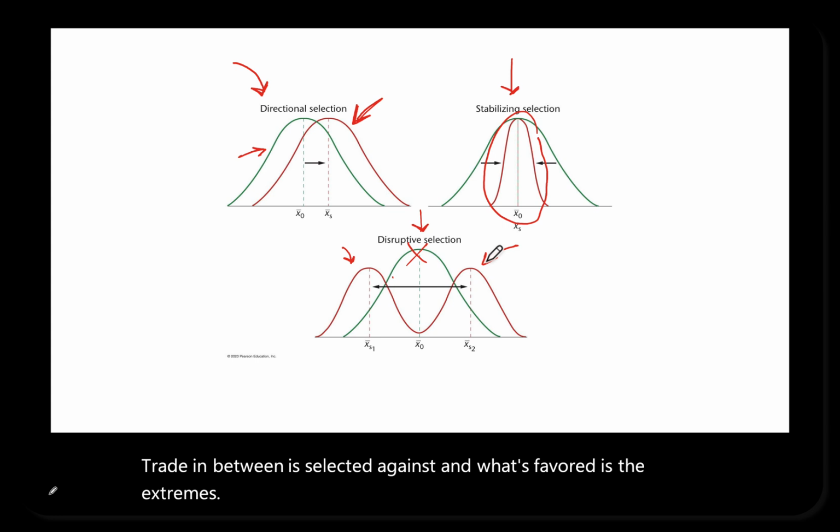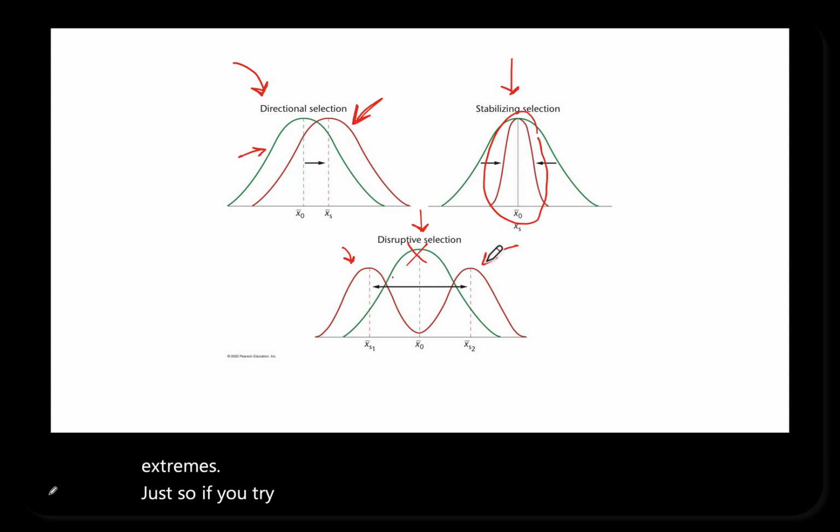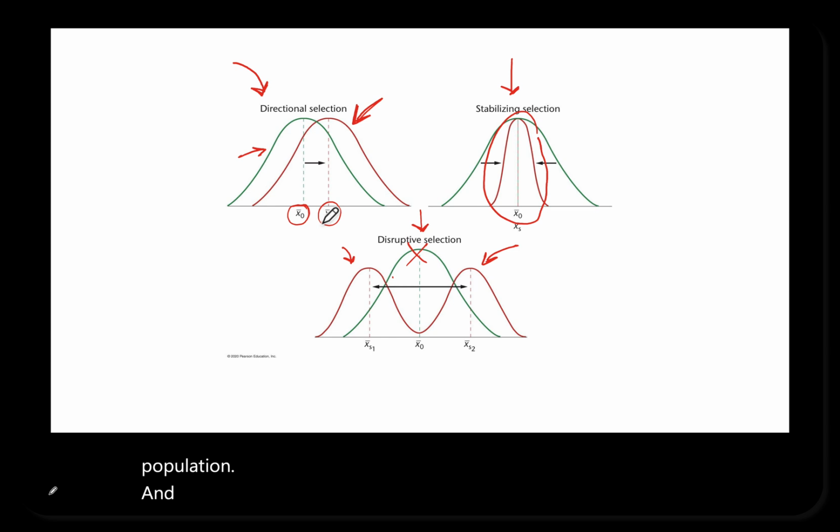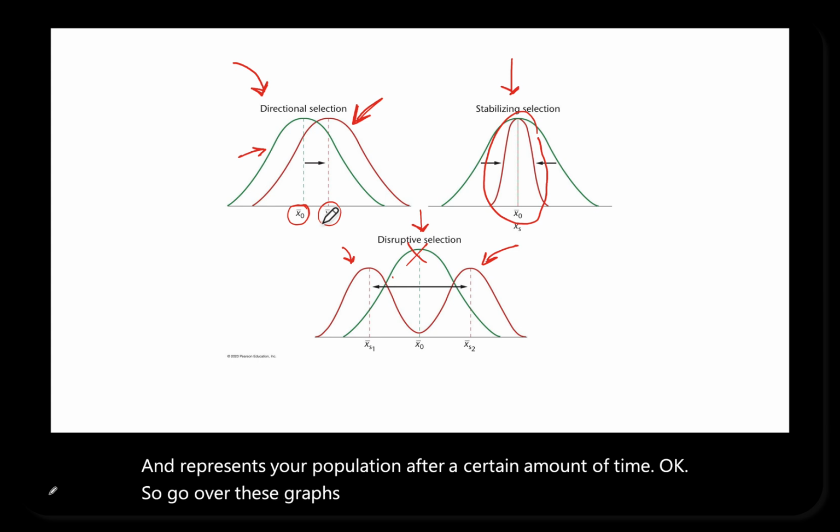Just so you know, if you try to read those graphs, 0 here represents your initial population, and S represents your population after a certain amount of time. Okay? So go over these graphs and try to correlate each type of natural selection.